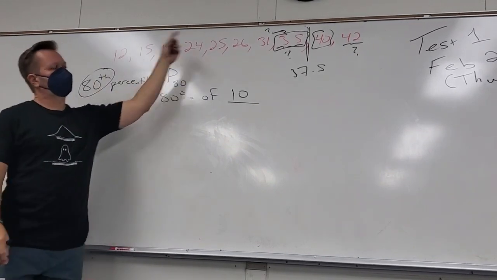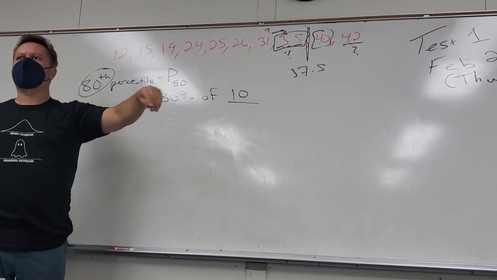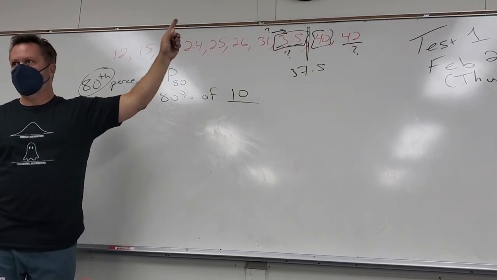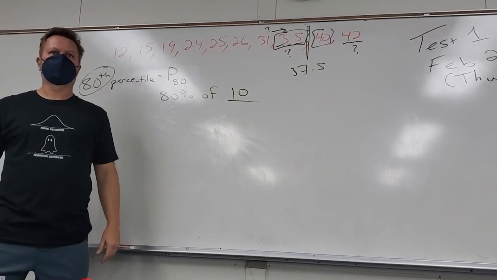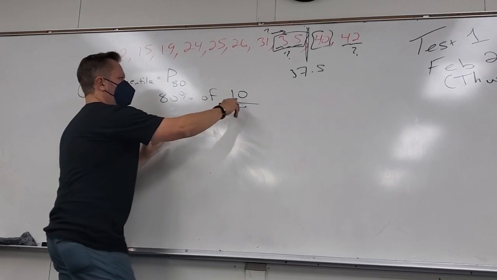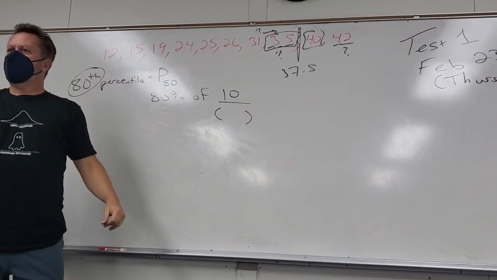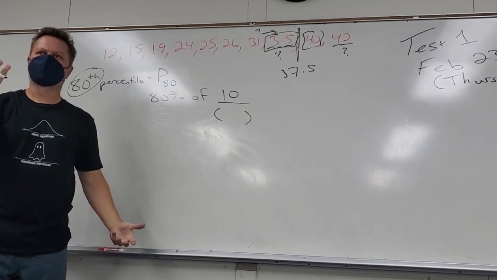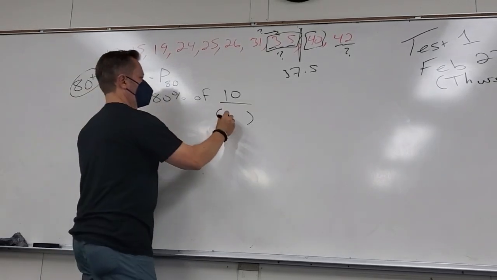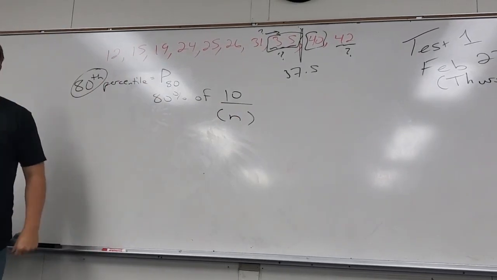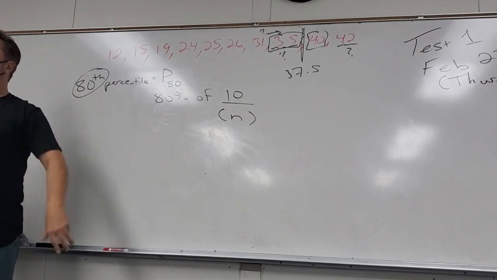So if I had 27 numbers and I want the 80th percentile, I would take 80% of 27. The variable we use for sample size is n, the number of things in your sample. So the letter n means the number of things in your sample.